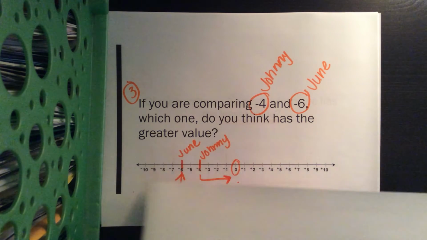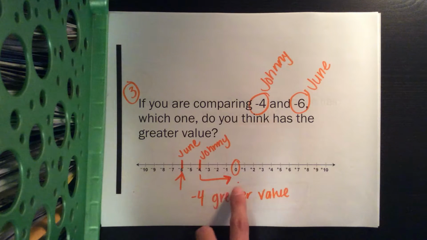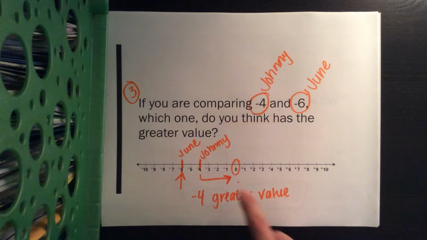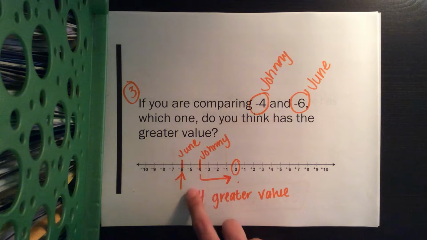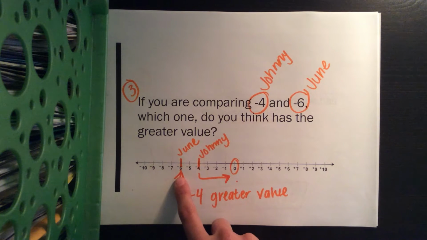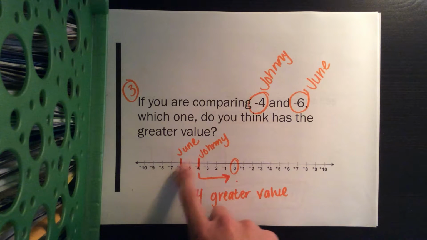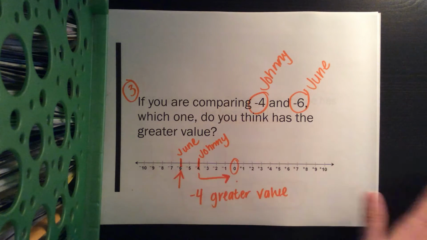So here we have our number line. We have our 0 neutral. Johnny owes -4, and June owes -6. I'm just thinking of money-wise.